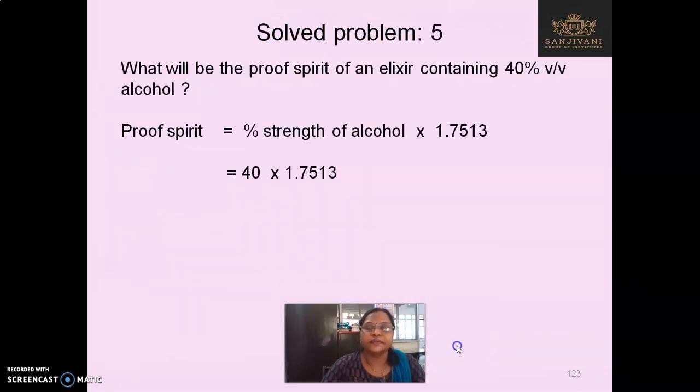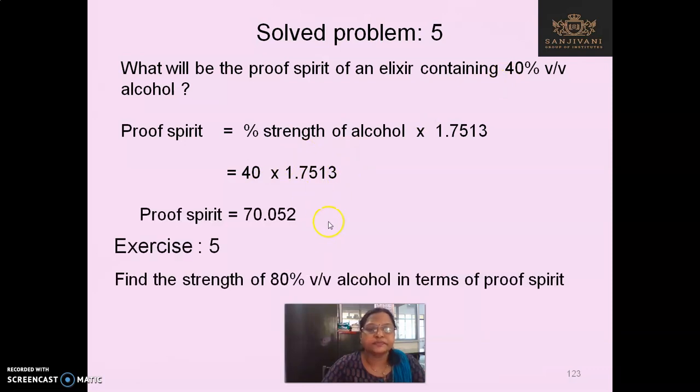See this example, a very simple example. What will be the proof spirit of an elixir containing 40% alcohol? So the percentage strength of alcohol, that is 40%, multiplied by 1.7513. Only the proof spirit is required.